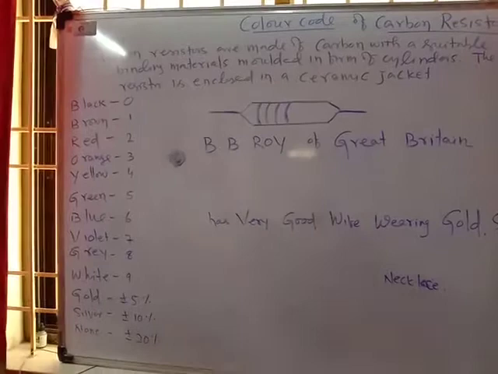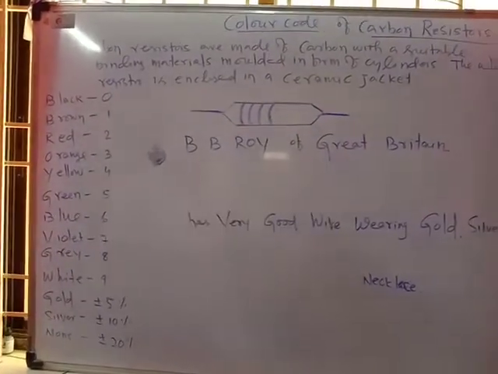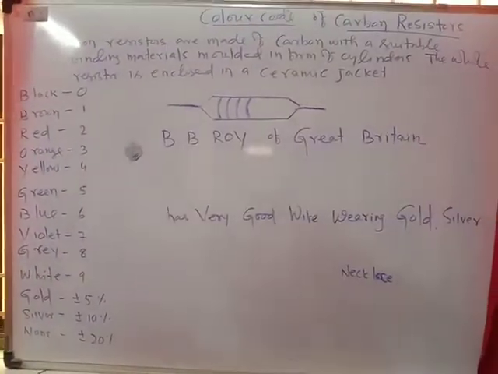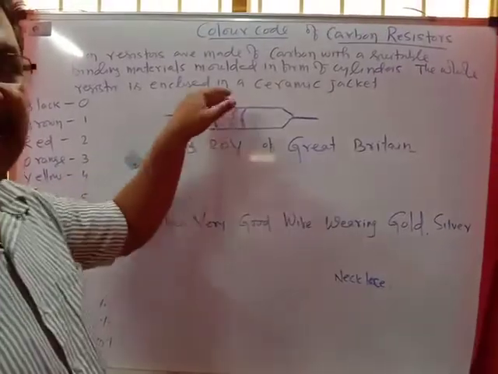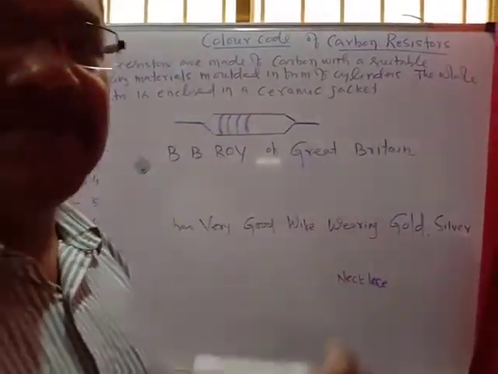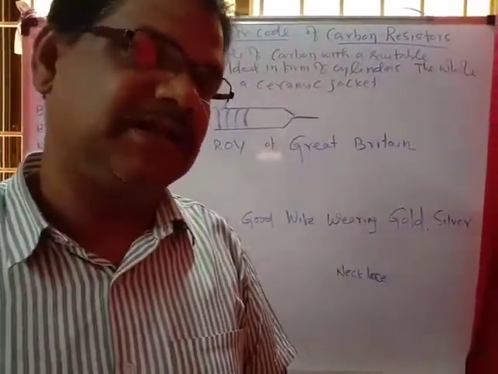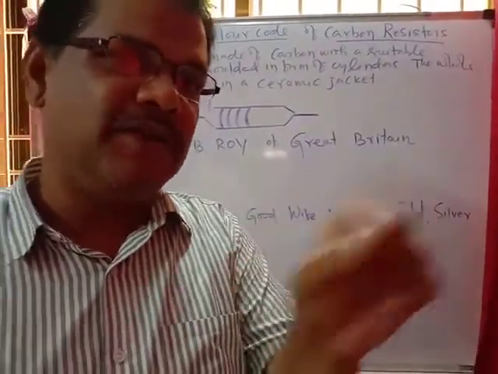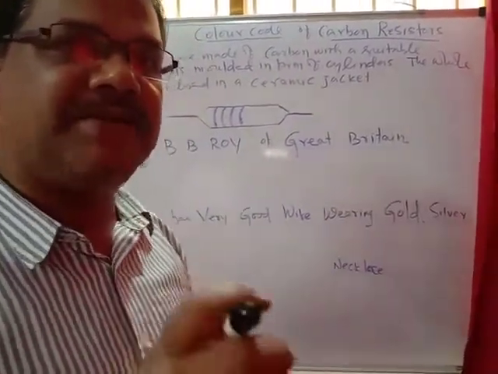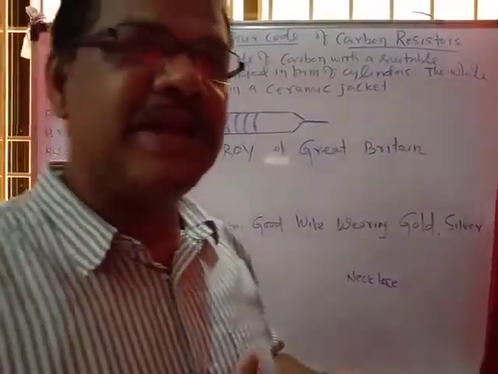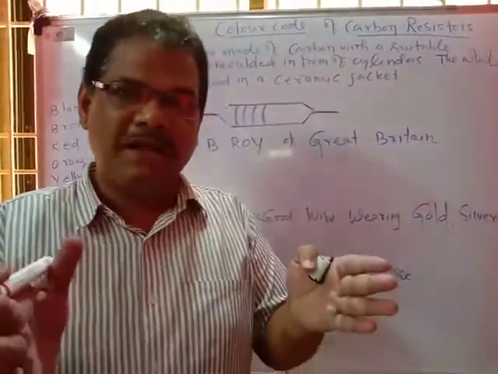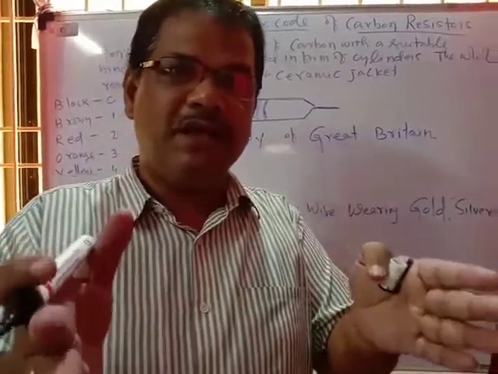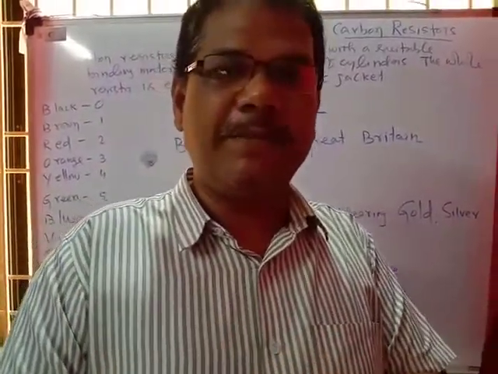And what is the role of the color code of the carbon resistor? Color code means different colors are printed in band form on the carbon resistor, because the carbon resistor is very small in size. If you wrote the value of the resistance as figures, it would be 5 or 6 digits, a huge number of digits.